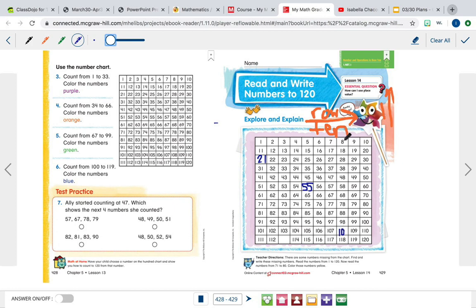Now we're going to go up. We're going to look at the columns. What number do they all have in common? I hope you said 8. Let's see if I can draw a tiny 8.